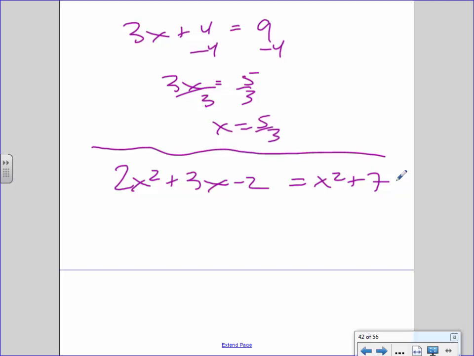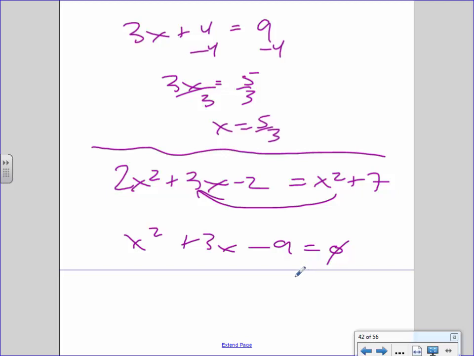So I would probably, in this example here, bring everything this way and make it x squared plus 3x minus 9 equals 0. And then you have two options. Option 1, you can factor, if you can actually factor, or option 2 is the quadratic formula. Does that make sense?